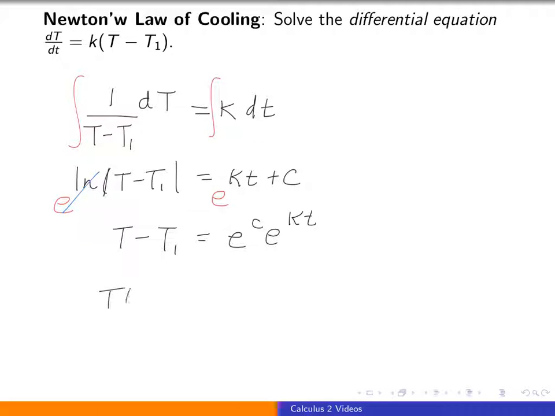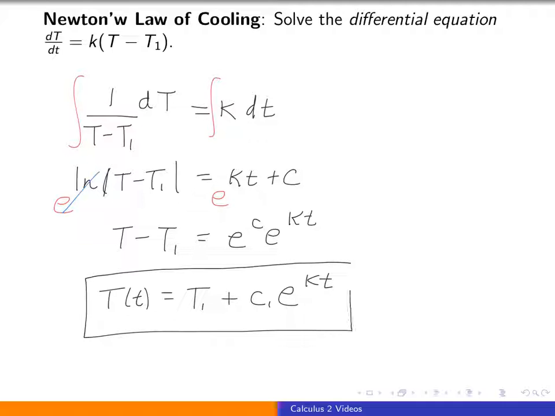So we have big T as a function of little t equal to the surrounding temperature T1 plus a constant, I'll call it C1, e to the kt. Usually when I'm dealing with Newton's law of cooling, this is the formula I immediately jump to: T of t is equal to the surrounding temperature plus C e to the kt.